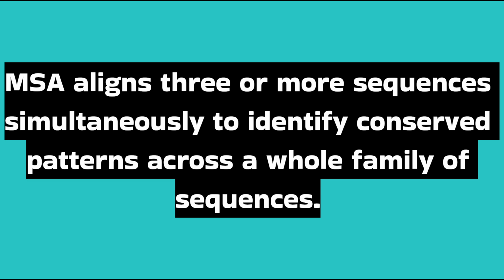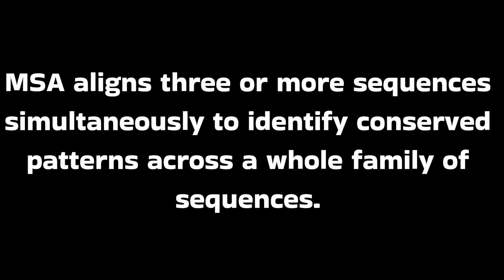Now, multiple sequence alignment aligns three or more sequences simultaneously to identify conserved patterns across a whole family of sequences. Progressive alignment builds a guide tree by calculating the pairwise distance between all the sequences, then progressively aligns the most similar sequences, like Clustal Omega or MAFFT.